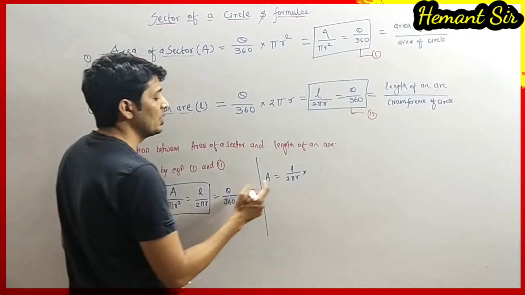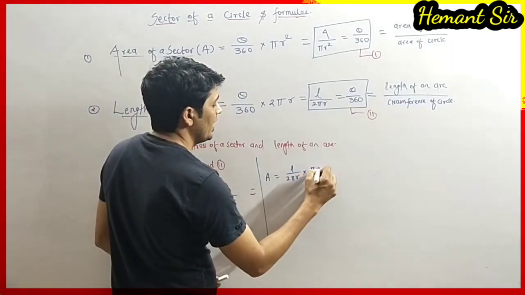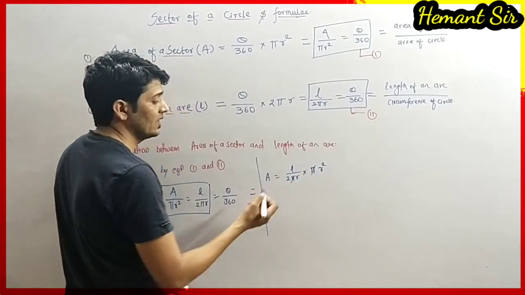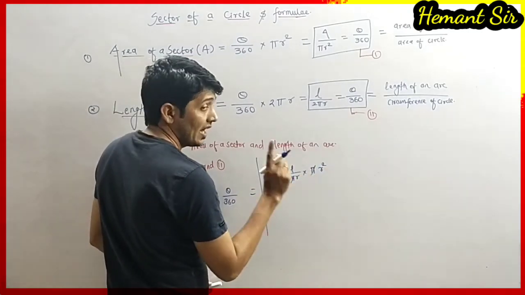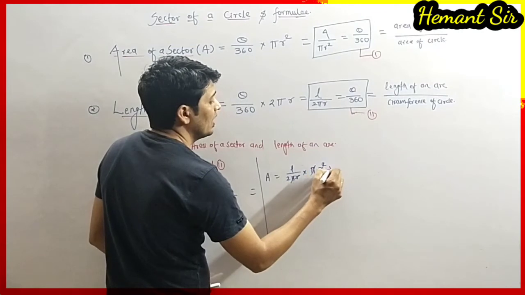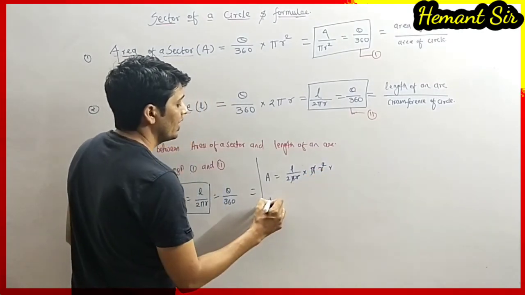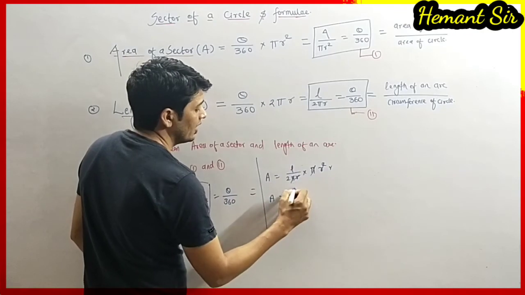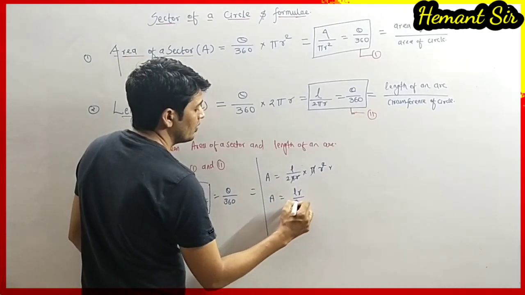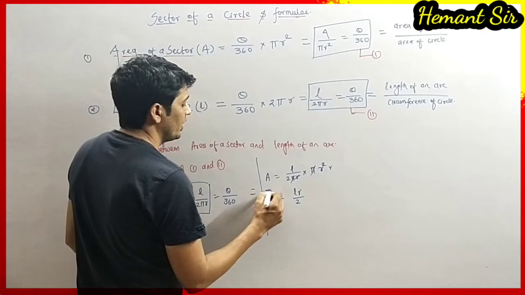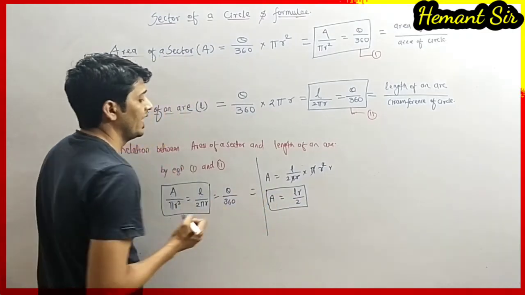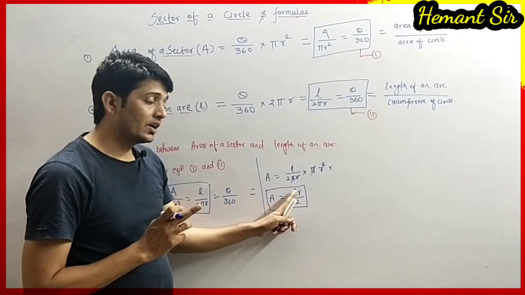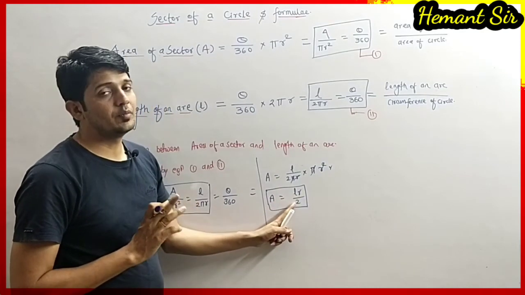Pi and pi get cancelled. Here r square means r into r, so one r remains. So area of a sector A equals L into r, that is LR divided by 2. So we can say that area of a sector is length of an arc into radius divided by 2.